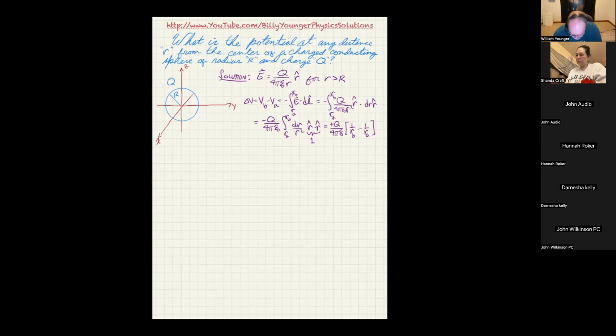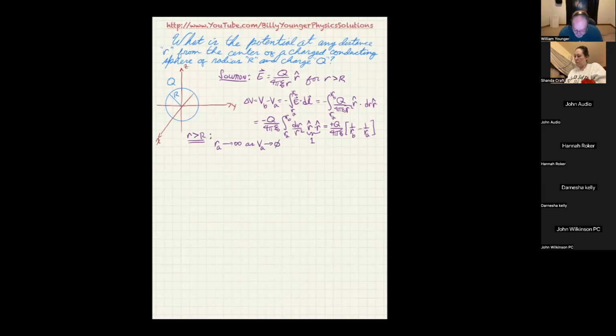Because of that, that allows us to set the voltage equal to zero anywhere. So what we're going to do is first imagine R greater than big R. We're going to say RA goes to infinity as VA goes to zero.